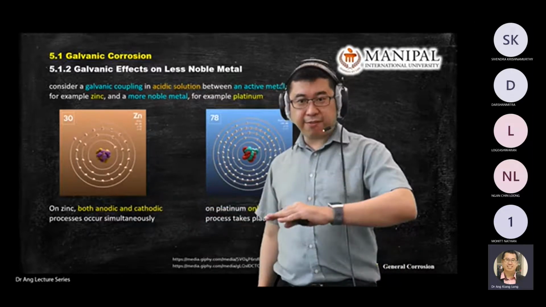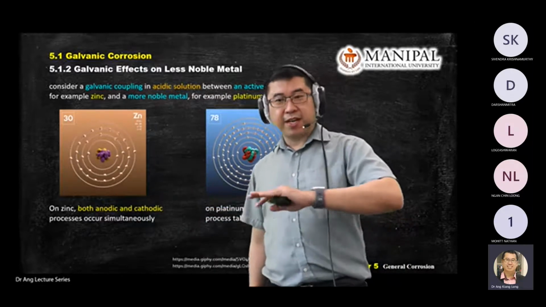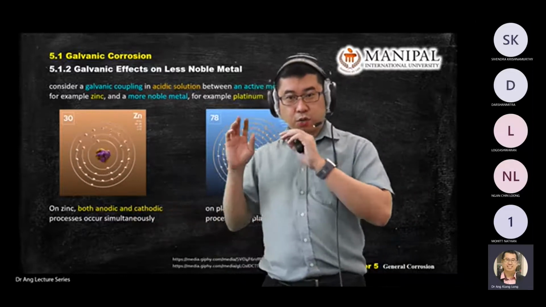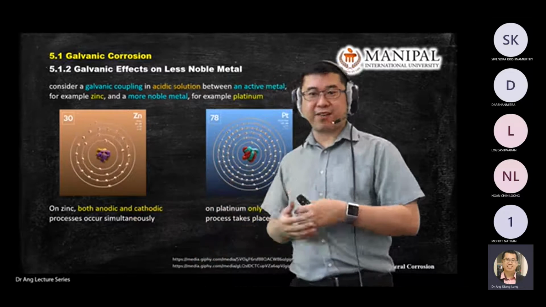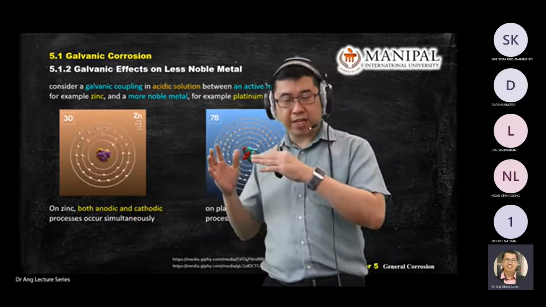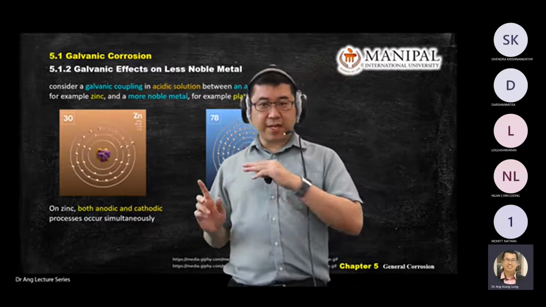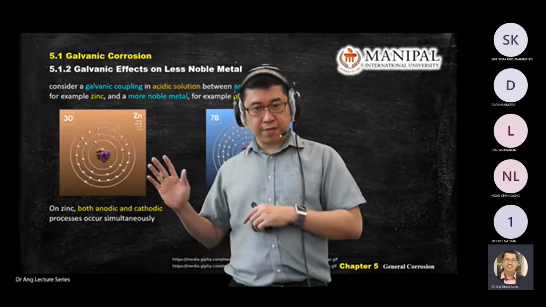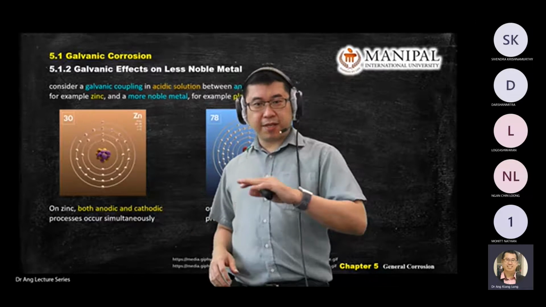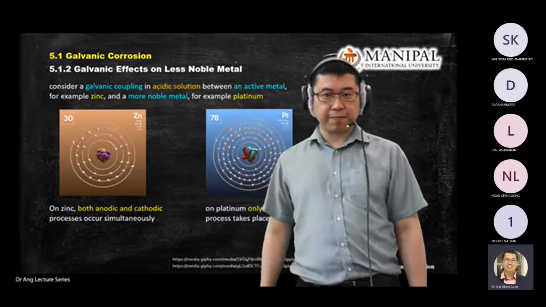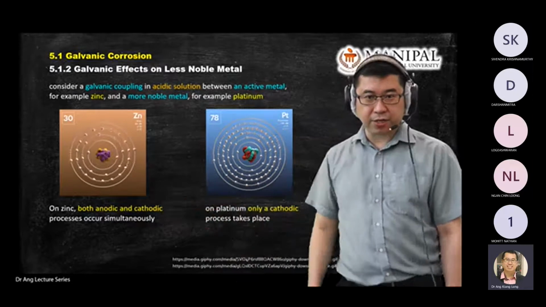Of course, the anodic process will happen, but in this case, because later we look at real data, we look at the hypothetical, theoretical dimension first. So in a theoretical dimension, we assume zinc undergoes anodic and cathodic processes simultaneously.